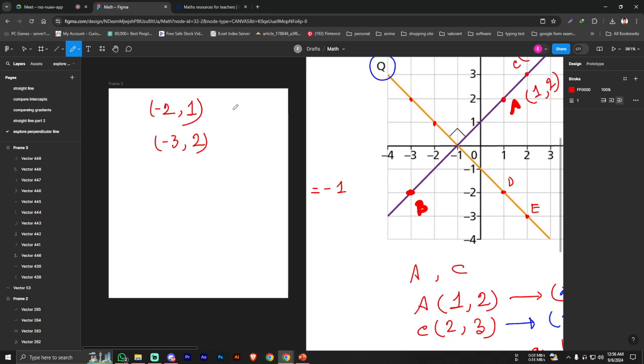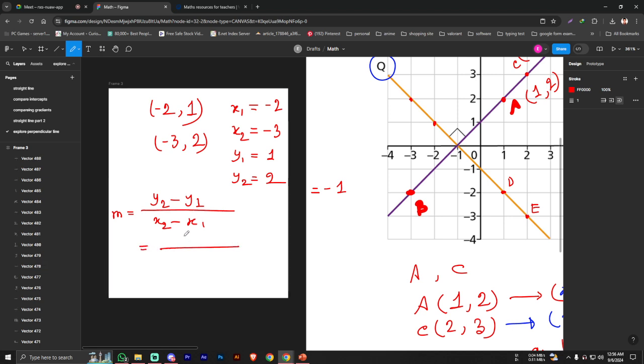Now let me name them so that we can understand which one is x1 and which one is x2. So x1 is minus 2, x2 is minus 3, y1 is 1 and y2 is 2. Now let's put the formula. The formula is y2 minus y1 over x2 minus x1.